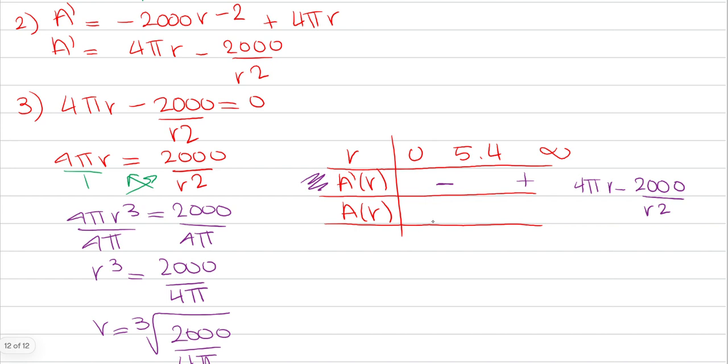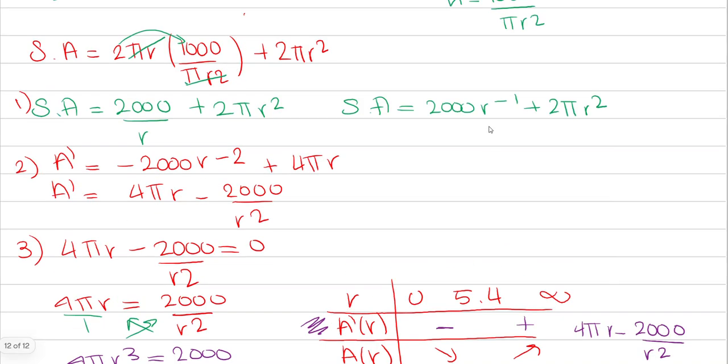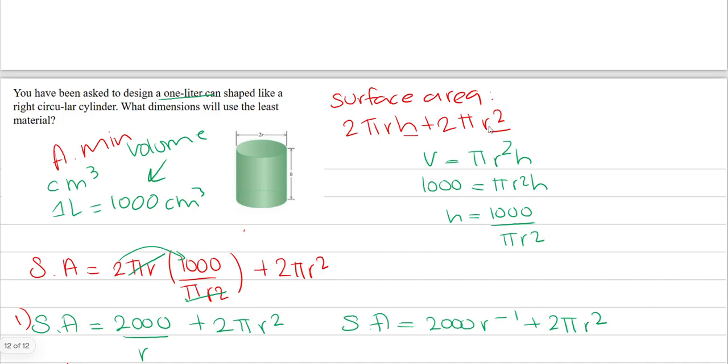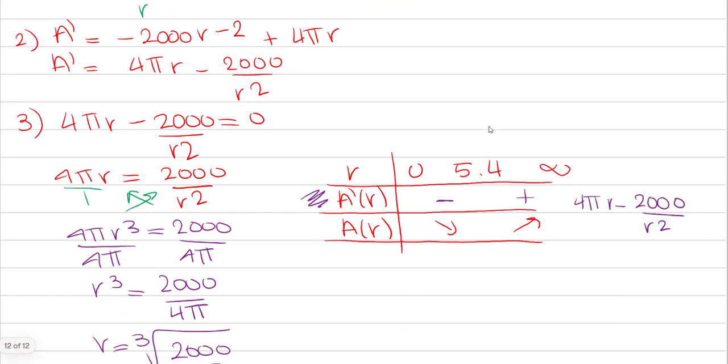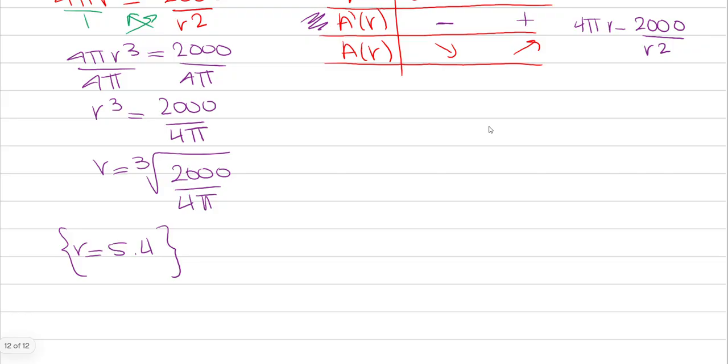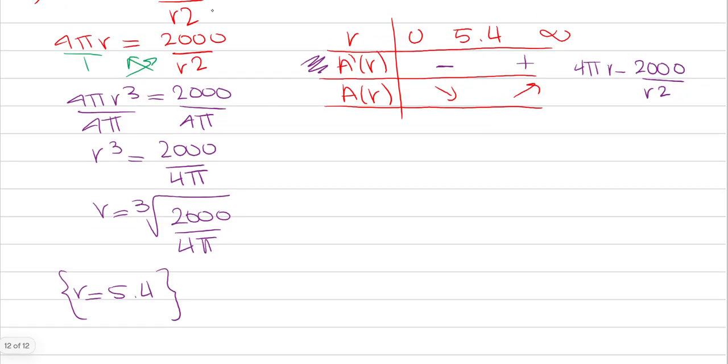This shows it is going to decrease, then increase. I don't have to substitute into the original equation in the second one because they did not ask me for the smallest area. They asked me what dimensions, so they did not ask me for any surface area, so I don't really care about the surface area. Now I'm going to answer my question.